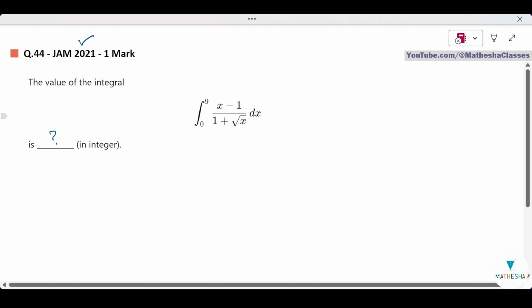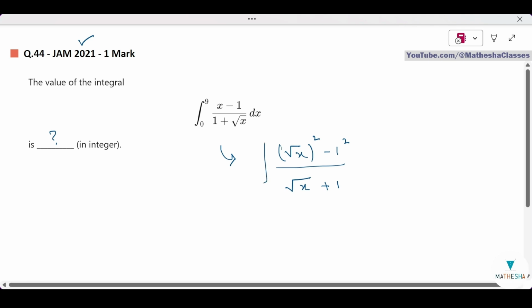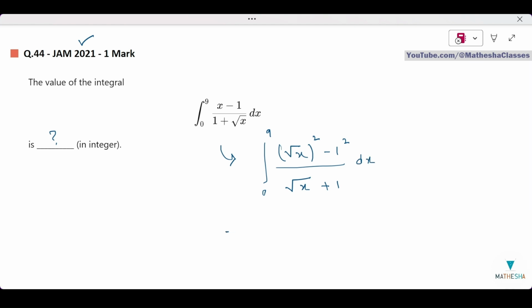So what we'll note first is that the numerator x minus 1 can be written in the form under root x square minus 1 square, and the denominator is root x plus 1. So when you integrate it from 0 to 9, the numerator can be split using the formula of a square minus b square.